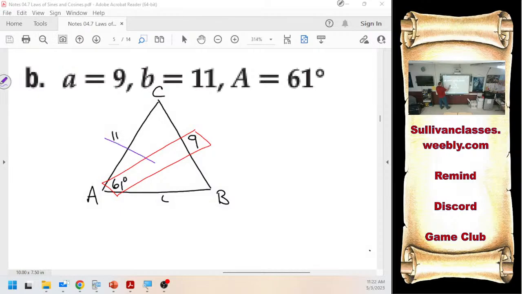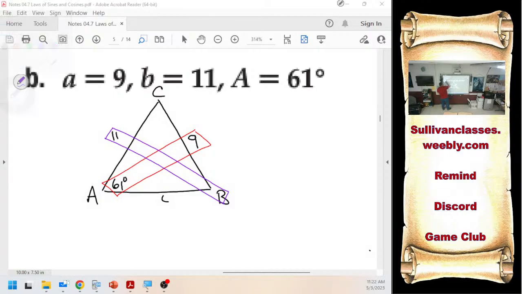And I'm going to go find angle B. But before I do, I want you to look at what kind of angle side was I given. It's a cute one. I'm in trouble. Because I might have no triangle, 1 triangle, or 2 triangles.